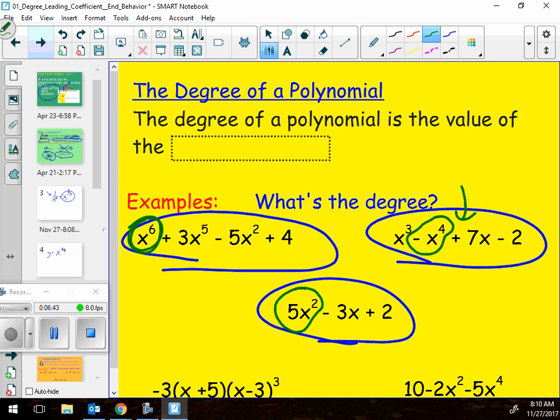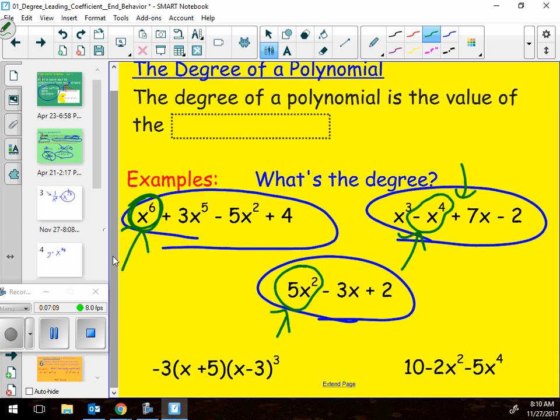So lead does not mean that it has to be in the front. The lead is the one with the biggest power. Those tell us something, and I'm going to show you that on a different slide, but the point I'm trying to make is, find the biggest power to get the degree. It's that simple. But the one that has the biggest power is the most important term of them all. It's going to tell us a ton about this polynomial.